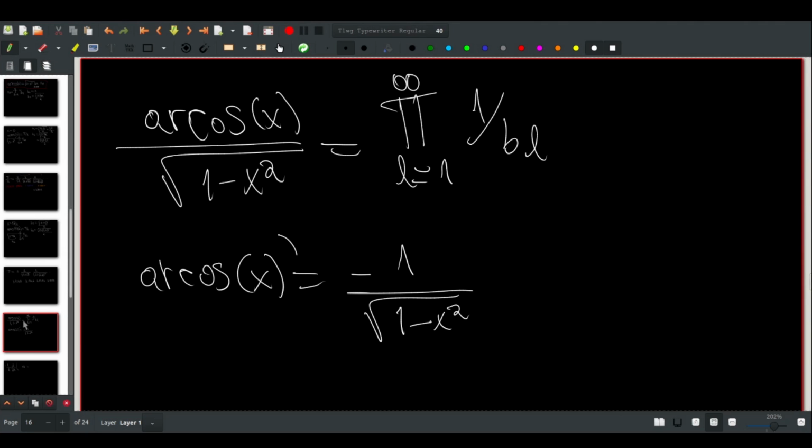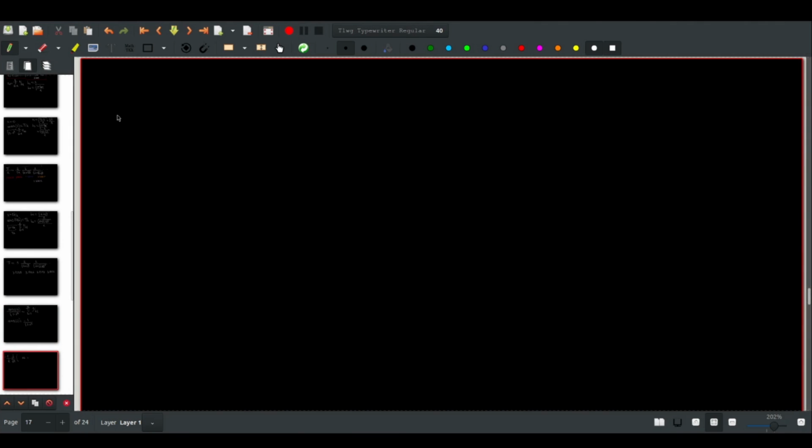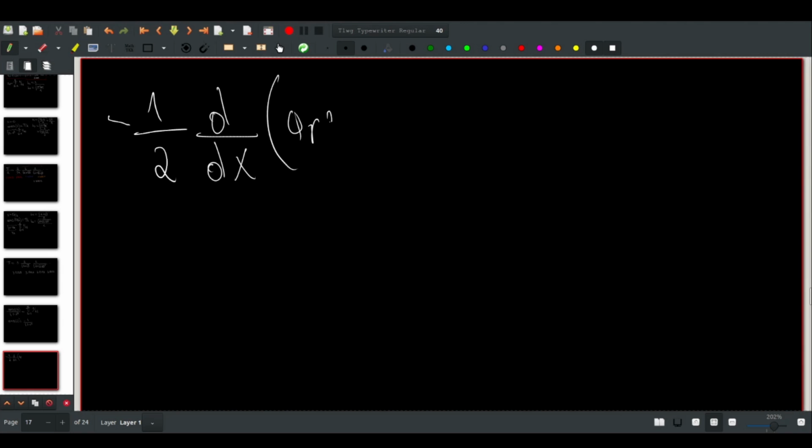So there is another way to write this, and the way is, well, we can say that this is minus 1/2 the derivative of the arc cosine squared of x.